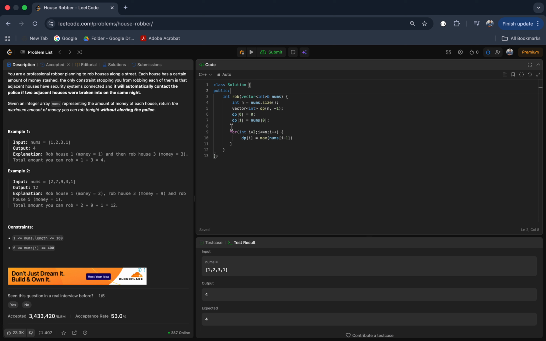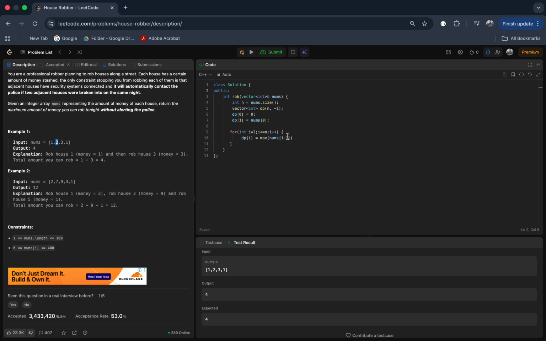And then, in this dp of 0 and dp of 1, and in this dp of n, what we are calculating is, for dp of 1, if only this one house is there, forget all the other things, then what will be the maximum answer? We can only get that one. And the next step, in dp of 2, if we have only houses 1 and 2, what will be the answer? If we are taking 2, we cannot take 1.